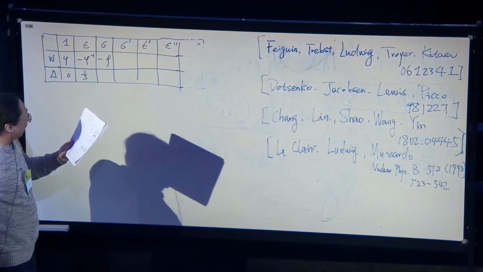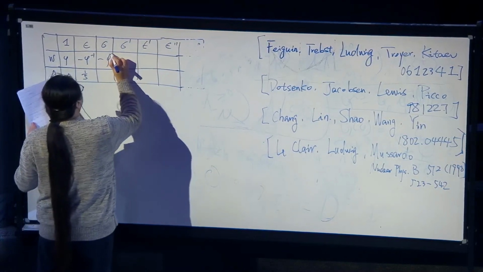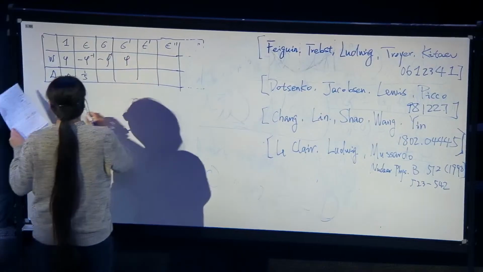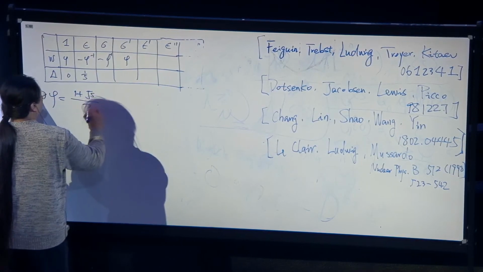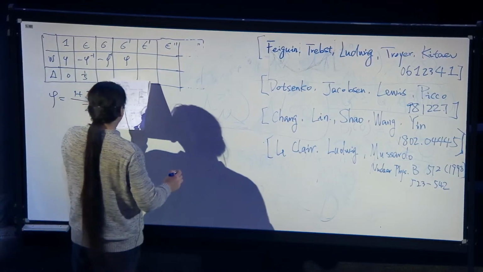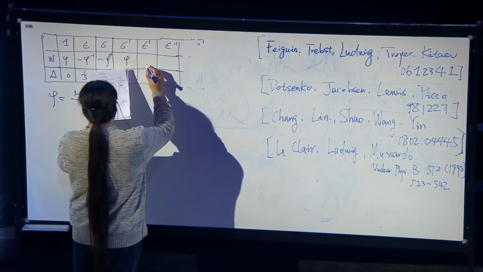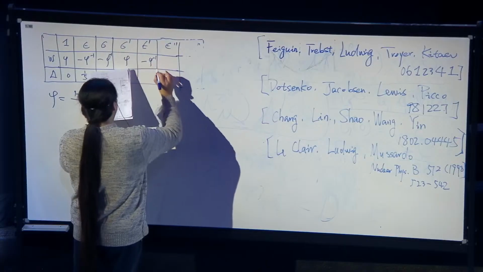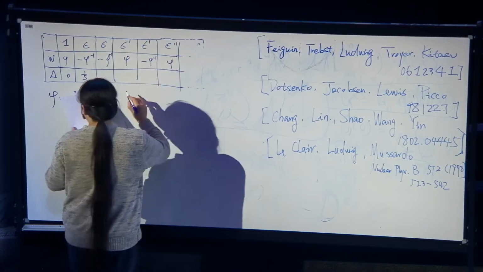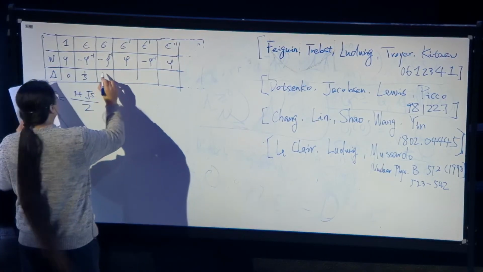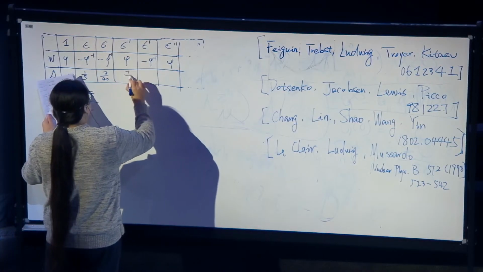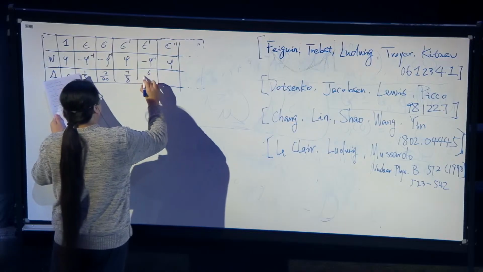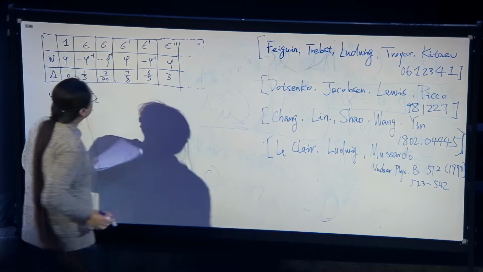Psi is the golden ratio. And epsilon prime is this one. Epsilon double prime is psi. And the scaling dimensions are 1/5, 3/40, 7/8, 6/5, and 3.